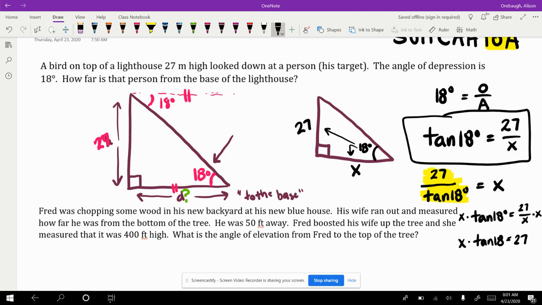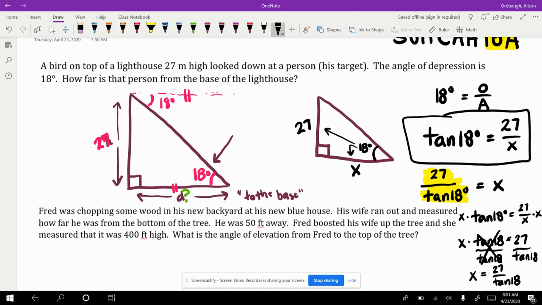Right now it's being multiplied by tangent 18, so let's divide by tangent of 18 on both sides. Those would cancel, and you can see we're left with x equals 27 over tangent of 18. But you can also just memorize that if you see x on the bottom, you're just going to move x to the left side and that tangent of 18 to the right side in its place.